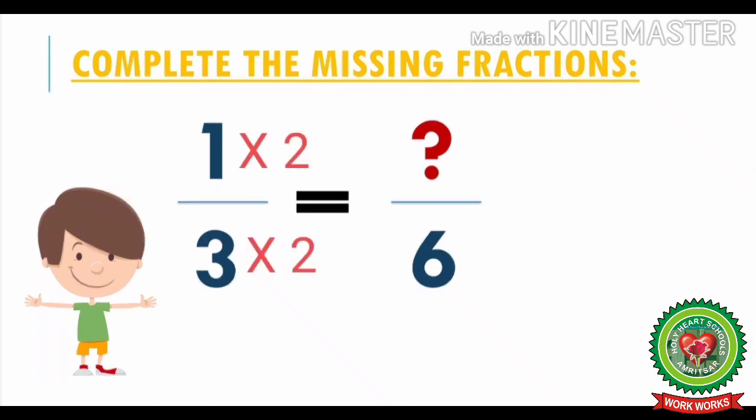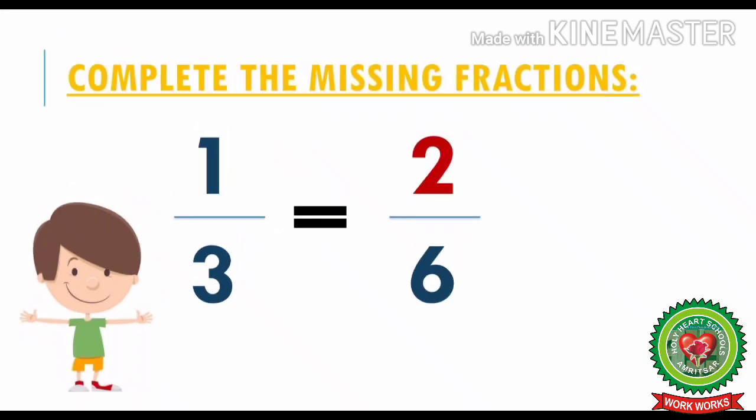Since 3 twos are 6, that means we can multiply both the numerator and the denominator with 2. So 1 two is 2. Yes, so our missing fraction is 2 upon 6. 1 upon 3 is equal to 2 upon 6.